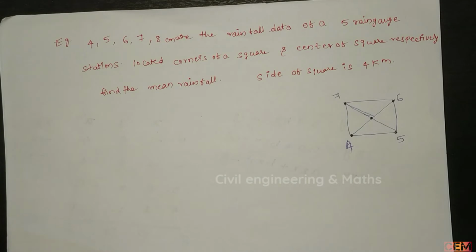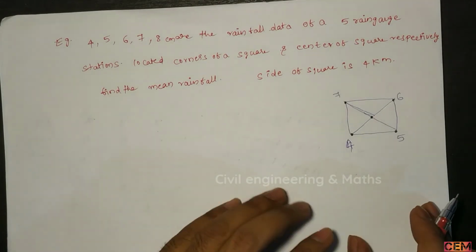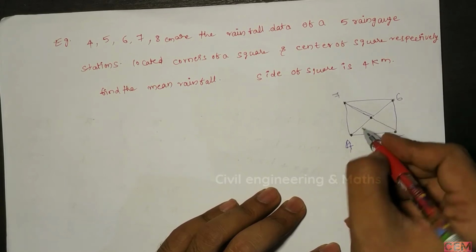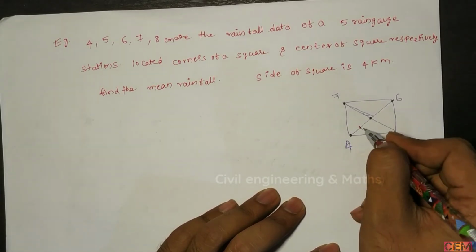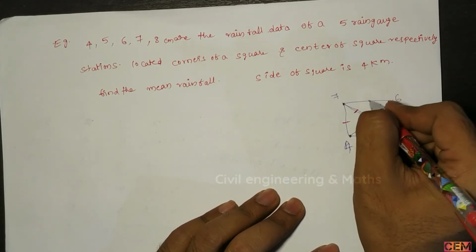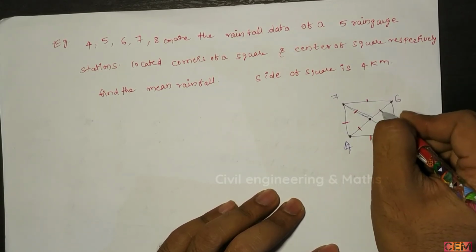Now the next step is to draw the perpendicular bisectors. This is the perpendicular bisector of this line, this one is a perpendicular bisector, this one too, and this one for this line.